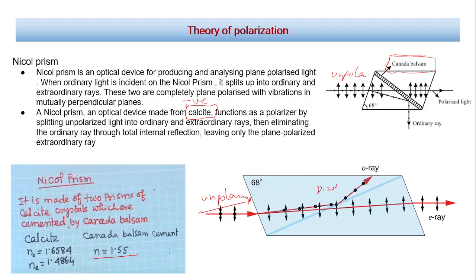For the O ray, this is the denser medium, and the Canada balsam is the rarer medium, because its refractive index is less. So for this O ray, this material is optically denser than the Canada balsam. So it is coming from a denser to a rarer medium.